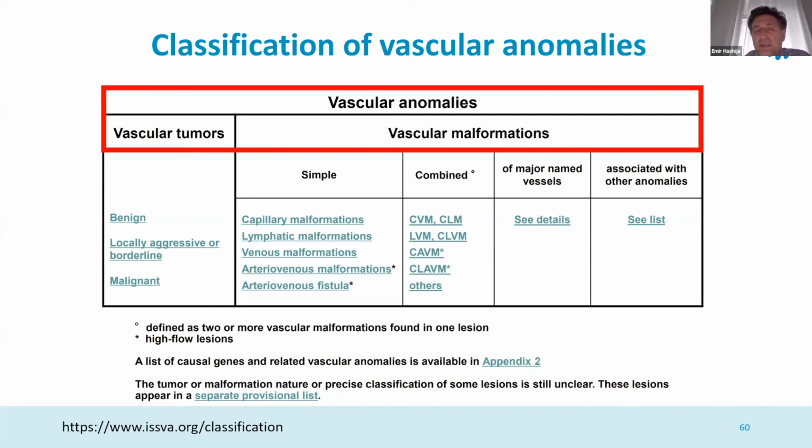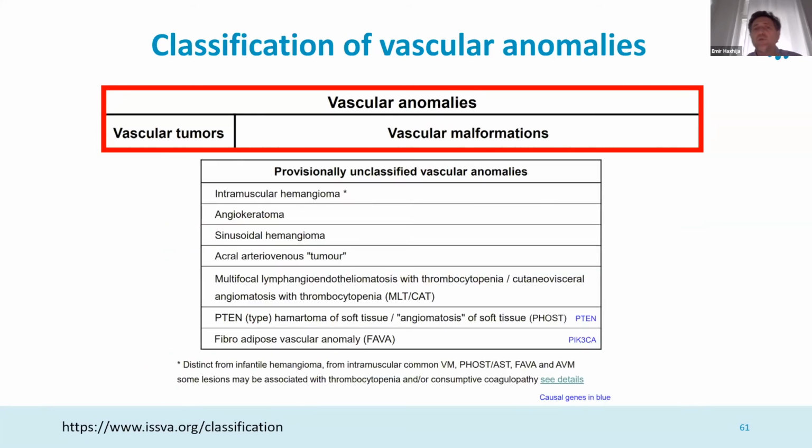So last but not least, when we go back to this main table, ISSVA is also giving us a separate provisional list of a few unclassified vascular anomalies. And I must say this is also an important list of diseases, vascular lesions. When you think of intramuscular hemangioma, it is not really a seldom disease. And it is sometimes difficult to believe that an intramuscular hemangioma and an intramuscular venous malformation are difficult to distinguish from each other.